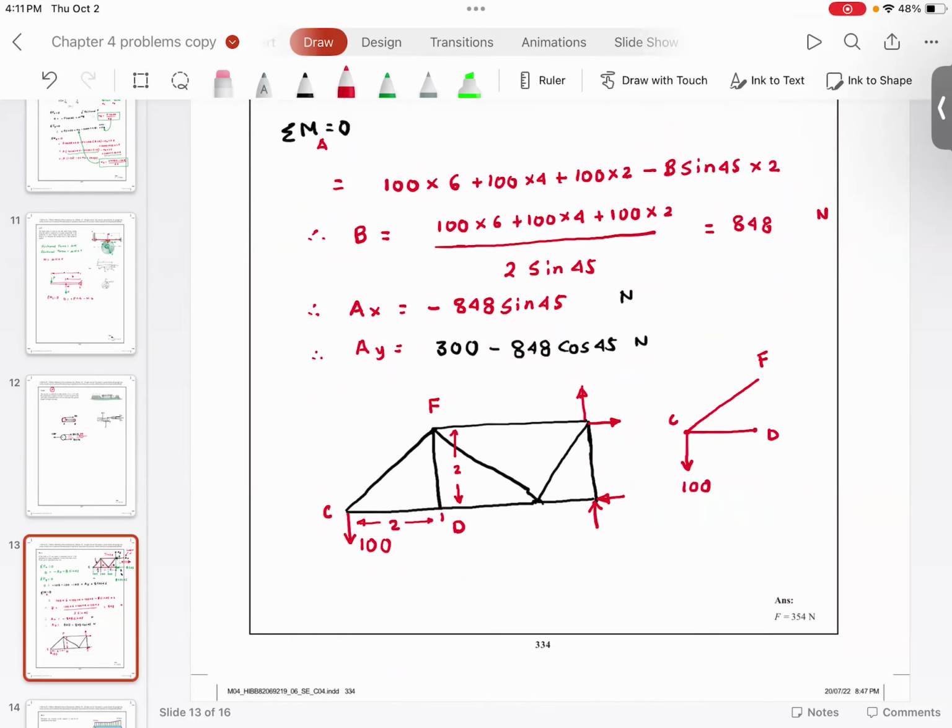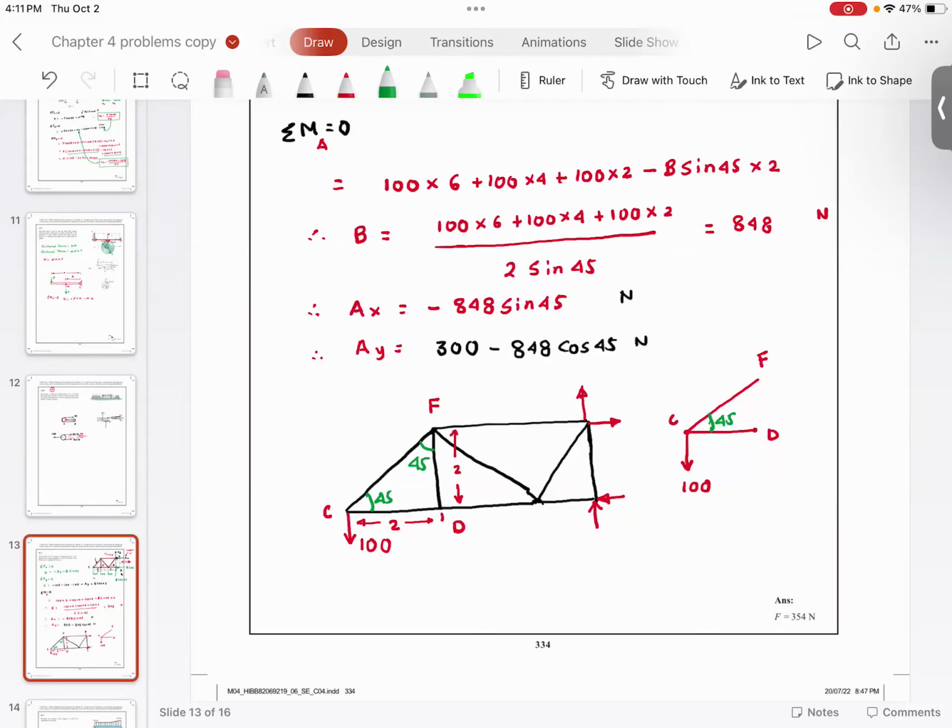Now, this distance is 2. This distance is 2. Which means both these angles are 45, 45. This is 45, this is 45. You know why those two angles are 45? Because the two sides are equal. So this angle is 45 degrees.